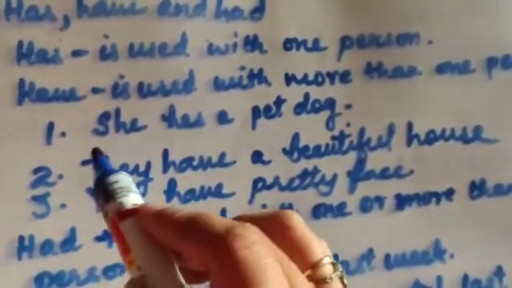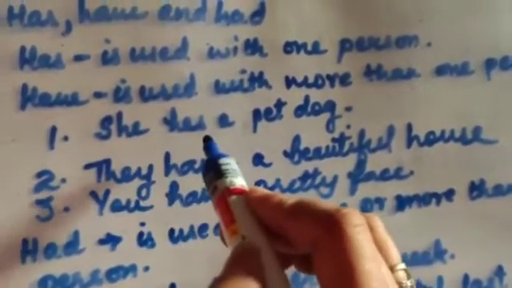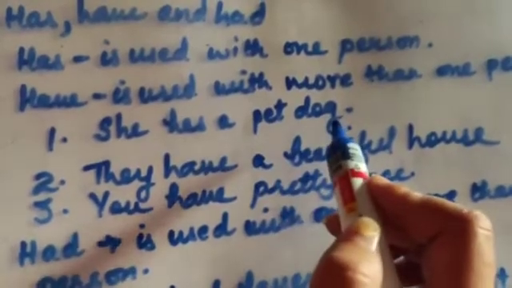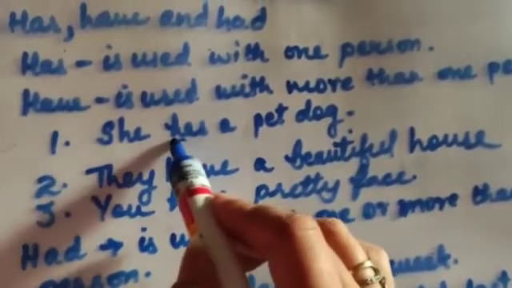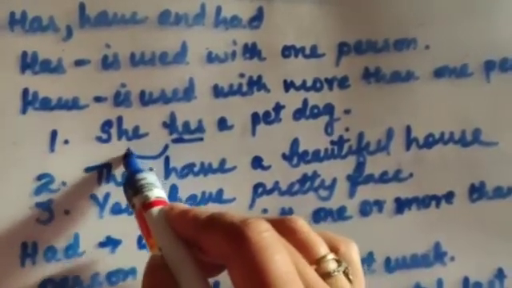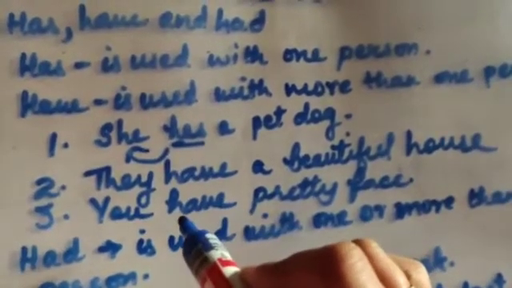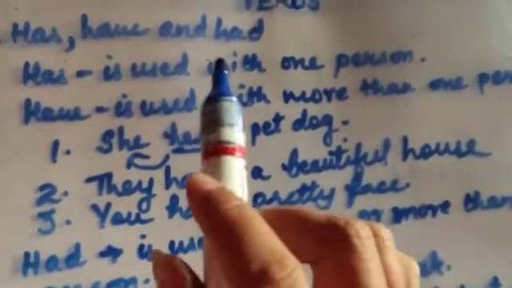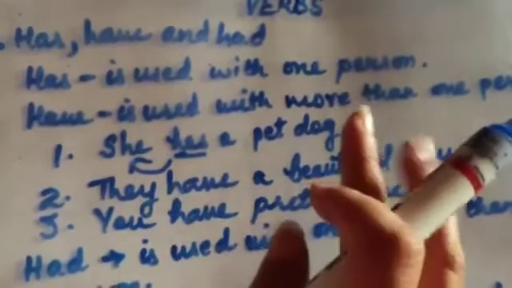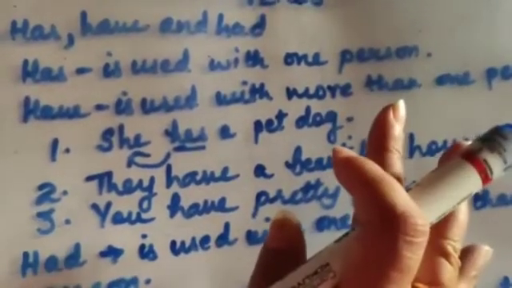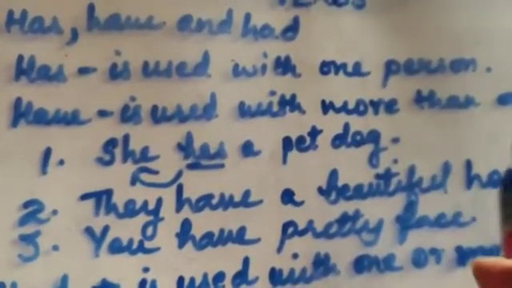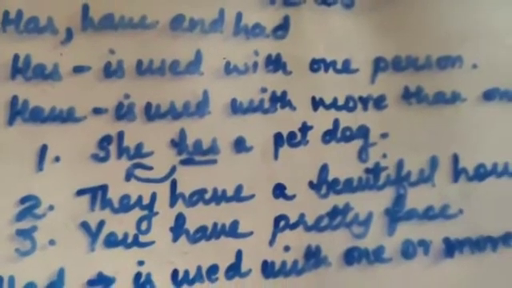Okay. For example, she has a pet dog. See class, here you can see has is used with how many persons? With 1 person only. Okay. And class, also remember has and have are used in present tense. Okay. Has and have tell us that something is taking place in the present.